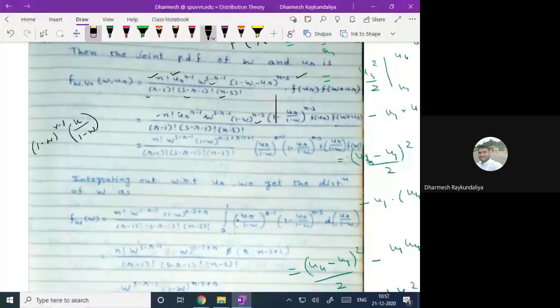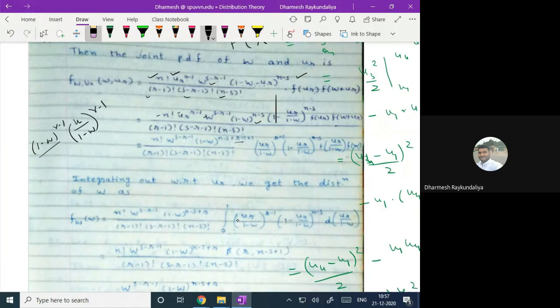So the power is nothing but ur raised to r minus 1. Earlier I had 1 minus w raised to n minus s. Now I will add this part, so it becomes 1 minus w raised to n minus s plus r minus 1. Now there is a plus. Why is there a plus? I will come to that.